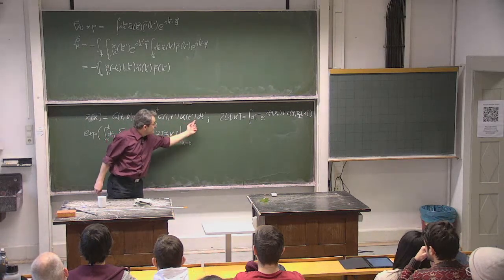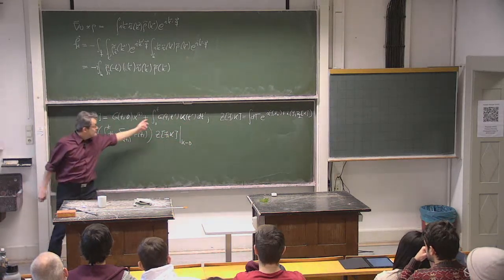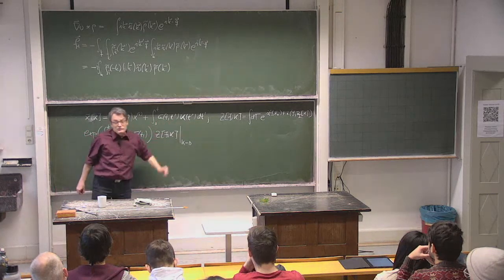And then what remains will be an integral over T1 of the Green's function times F of T1.